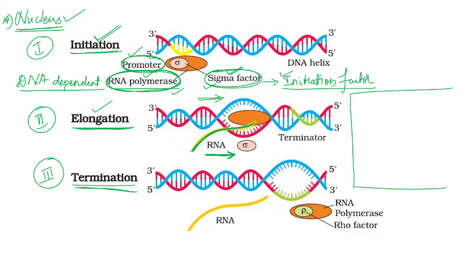So, if you consider this as the DNA, and here the polymerase enzyme comes and attaches, this polymerase enzyme will open that particular region of the DNA and the nitrogenous bases will be made to undergo unpairing.